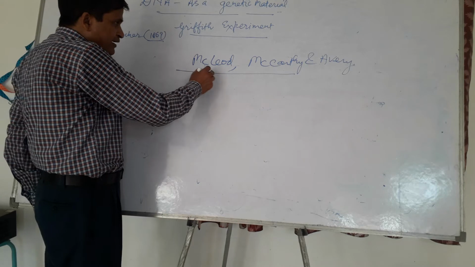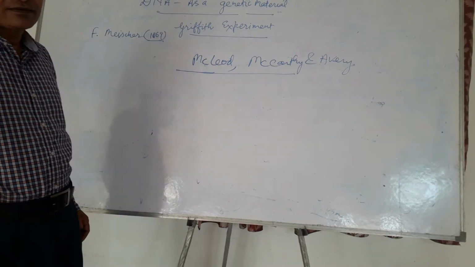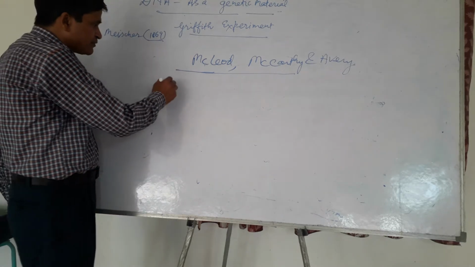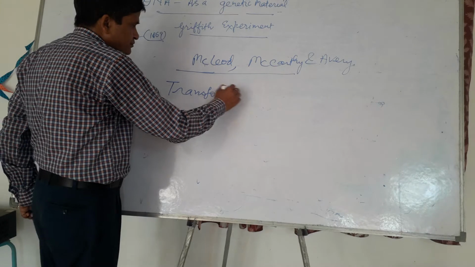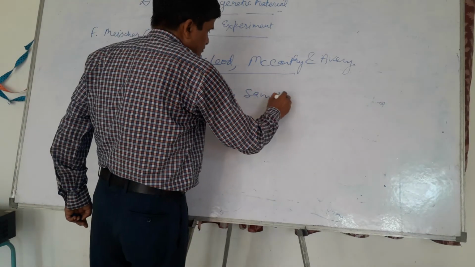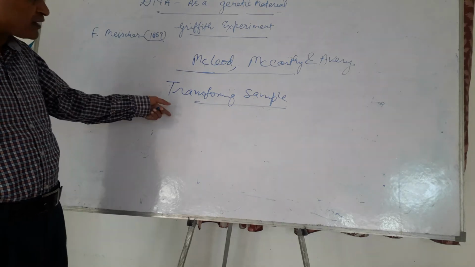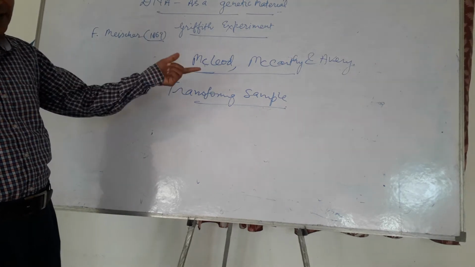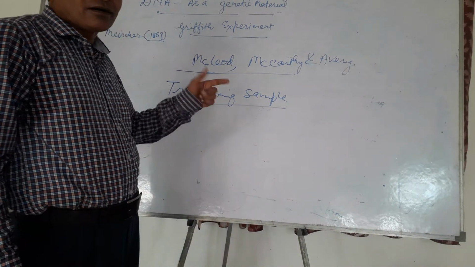They used the transforming sample, which, in the knowledge of Griffith, contains that factor responsible for the transformation of R-type into S-type.